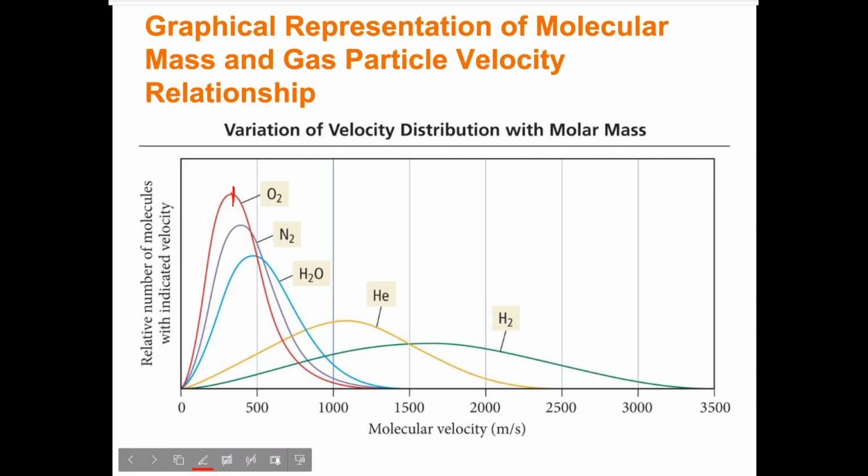So oxygen has maybe a molecular velocity around there, an average molecular velocity, whereas hydrogen and helium, much lighter atoms, and you can see other things in the middle, are going to have much higher average velocities. So root mean square velocity is what we're talking about.